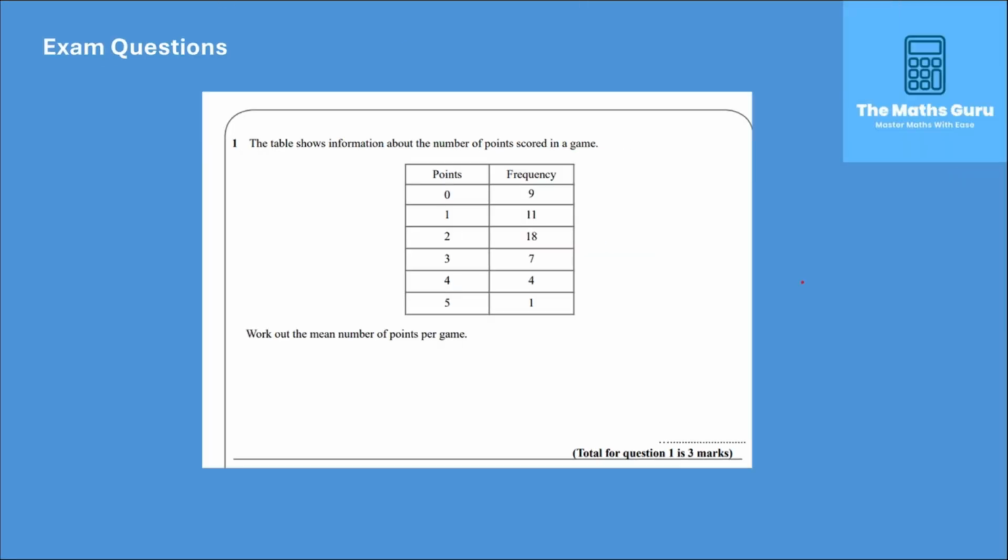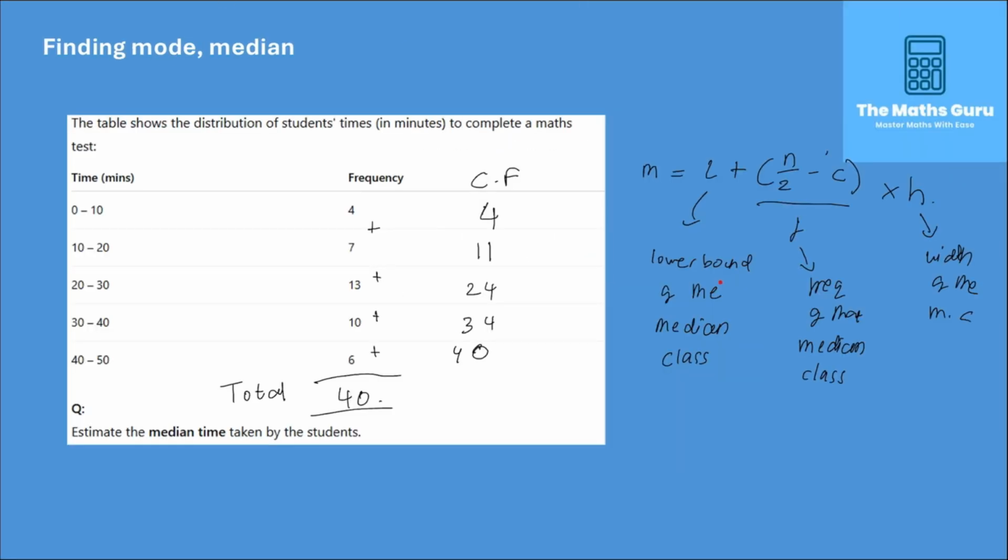Then c is the cumulative frequency of the previous set, or class is probably a better word.